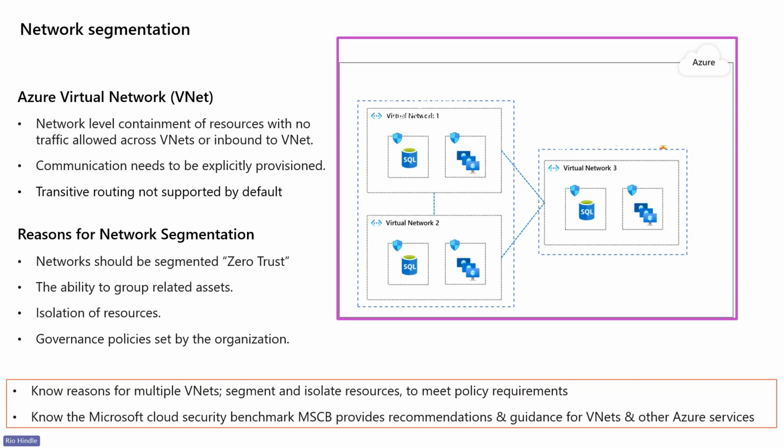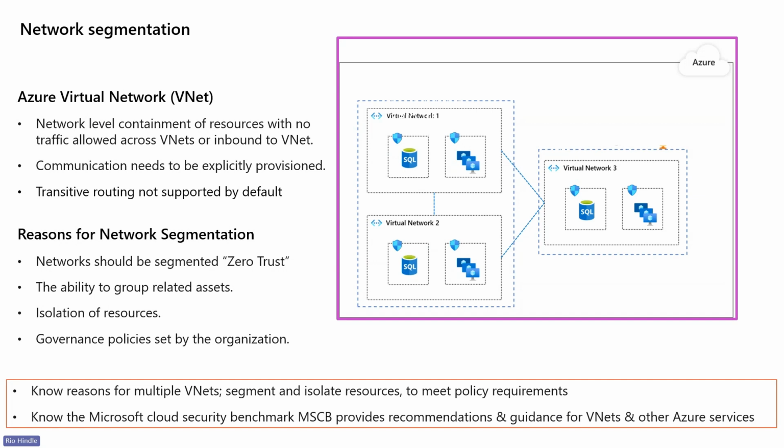Each can have specific resources assigned to them, so we may have a virtual network with a subnet for our web servers, a subnet for our domain controllers, a subnet for our file servers, and we can split it up like that, basically.